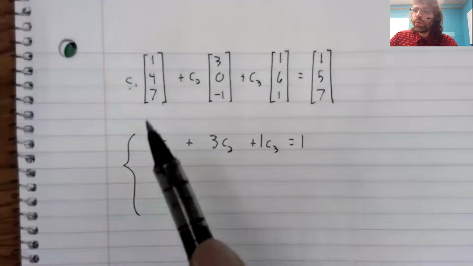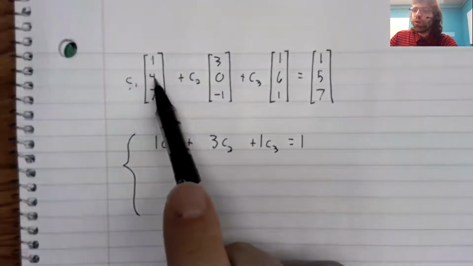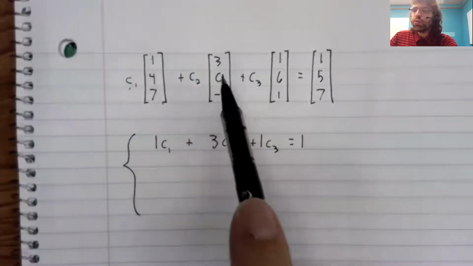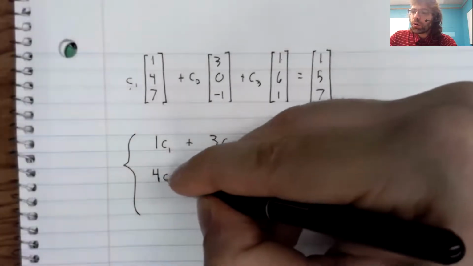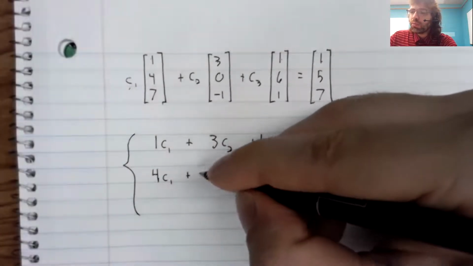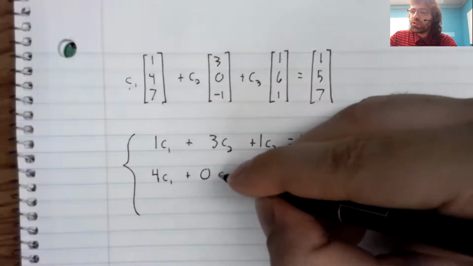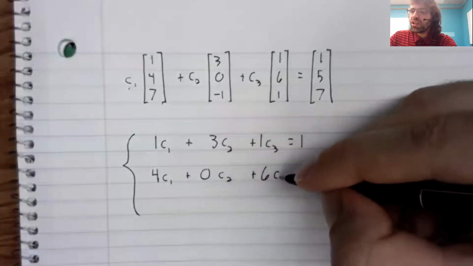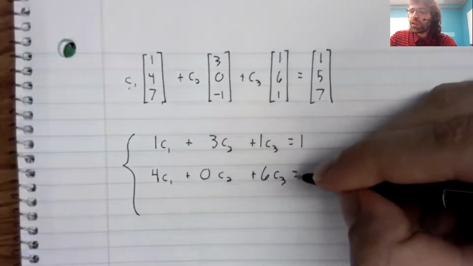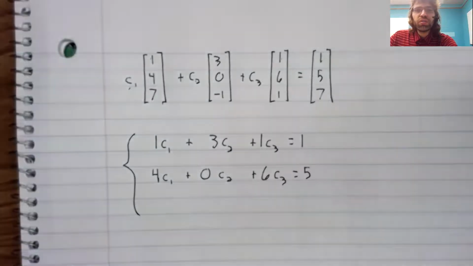And then the second equation, we see 4, 0, 6: 4C1 plus 0C2 plus 6C3 equals 5.